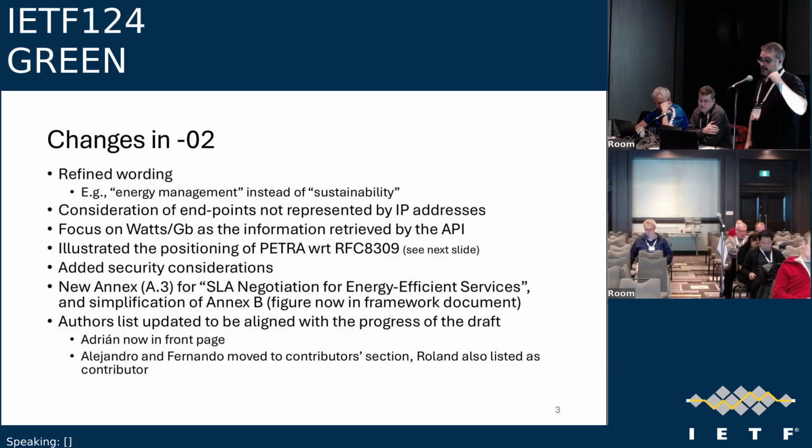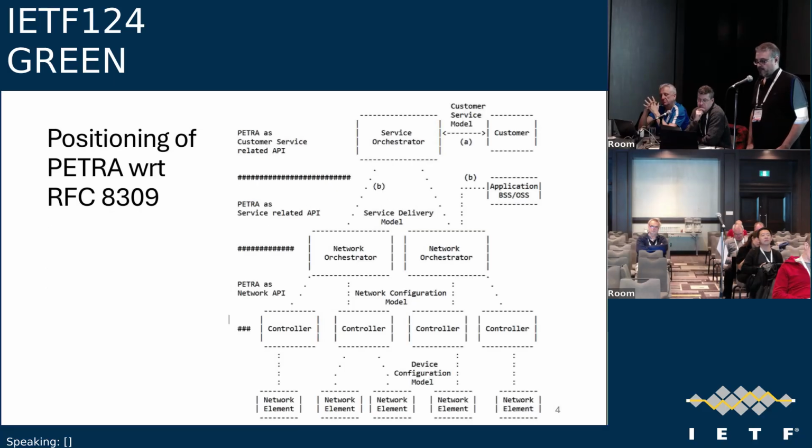Because the initial approach was to make this API available for external customers, we could relate this with SLAs or green SLAs, if we want to call it. So this is why we are also introducing this notion of SLA negotiation in the new version. And finally, we updated the author list. Adrian is now on the front page, we moved Alejandro and Fernando to the contribution sections, and we also added Roland as contributor.